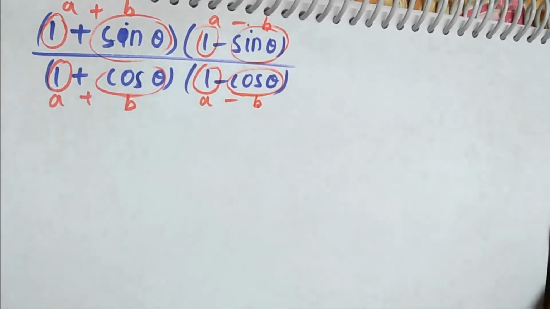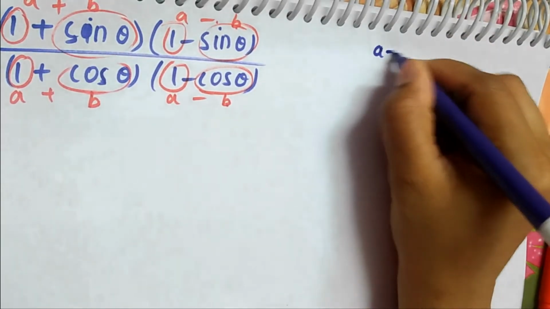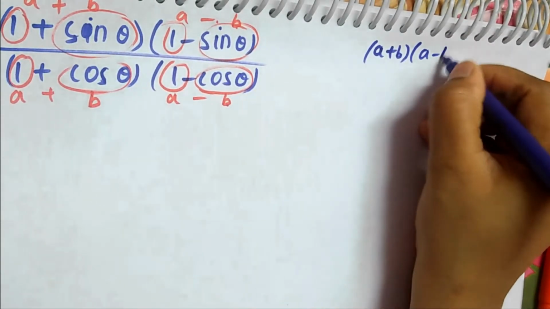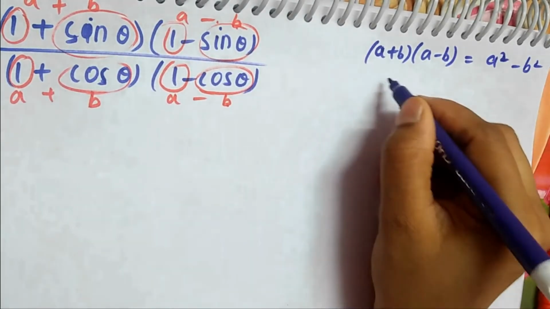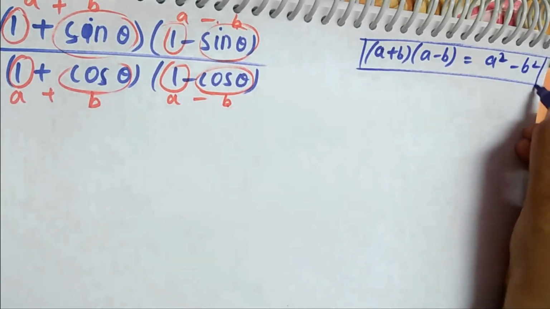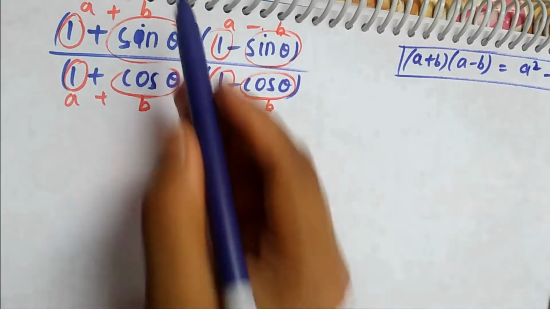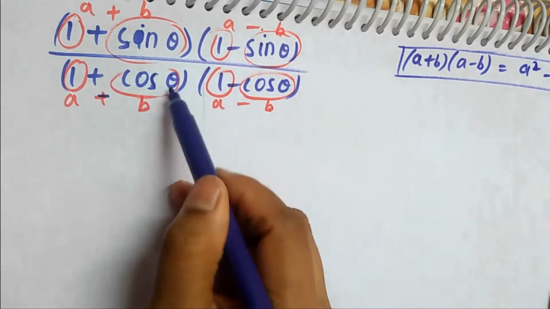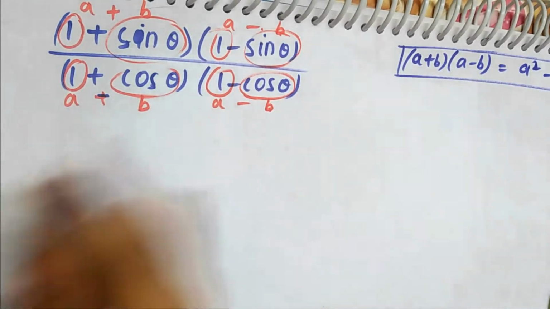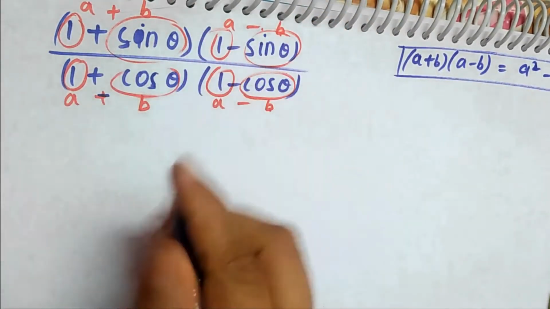So we know that formula: a plus b into a minus b is equal to a square minus b square, right? Here the value of A is 1 and the value of B is sine theta, and here the value of A is 1 and the value of B is cos theta. So we are simplifying that.